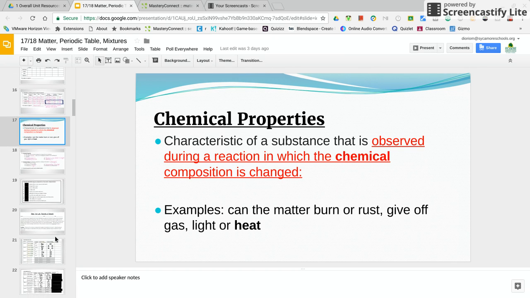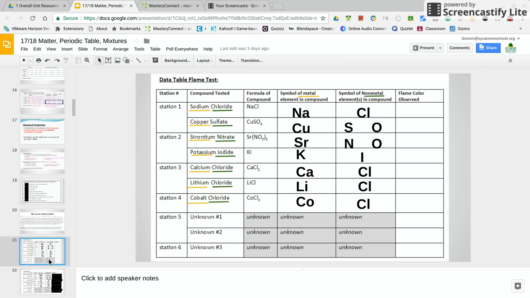One of the things that we did to cement that idea is we looked at the flame color of certain compounds. So we took a compound of sodium chloride and we stuck it into fire and ignited that particular compound. Actually, we excited it and got its electrons moving.